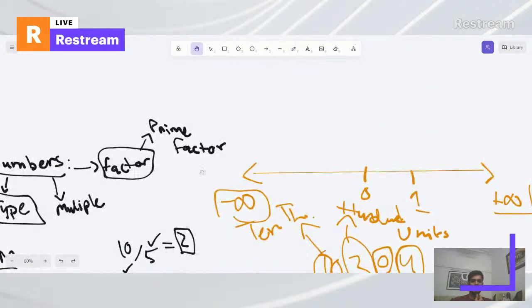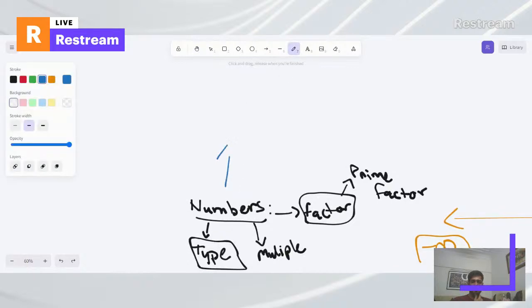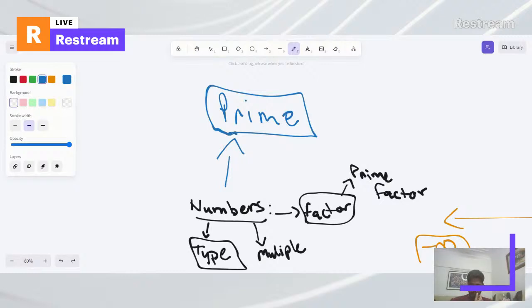We did go through this topic, I think, but let's do it for the ones that have just joined us. All right, so prime numbers. What are prime numbers?